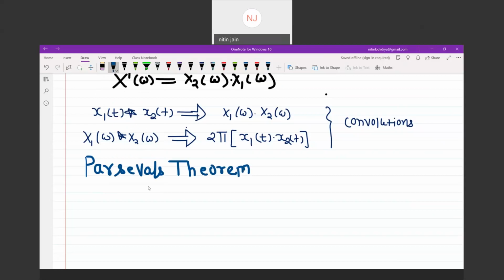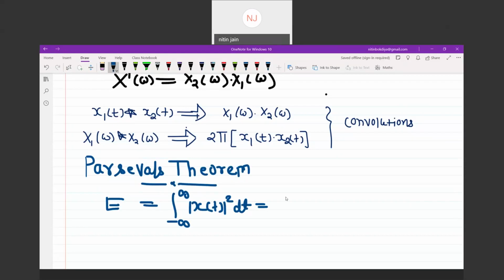Parseval's theorem says that the energy or the power of a signal is independent of the domain of analysis. Suppose the energy of a signal in the time domain is given by the integral from minus infinity to infinity of |x(t)|² dt.